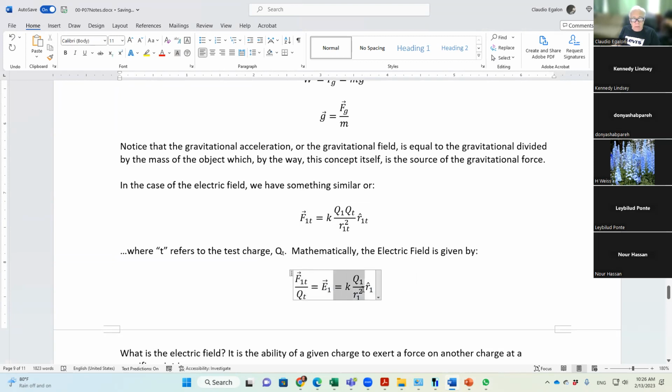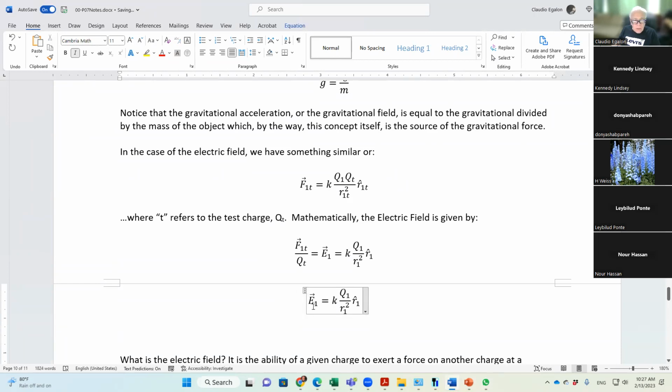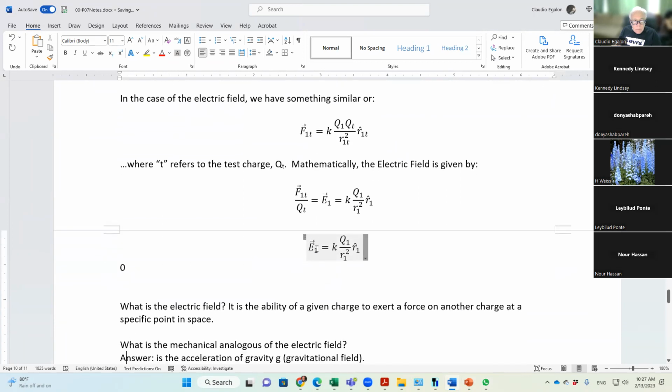To simplify the notation, we write down that the electric field of a point charge is just, without the subscript.